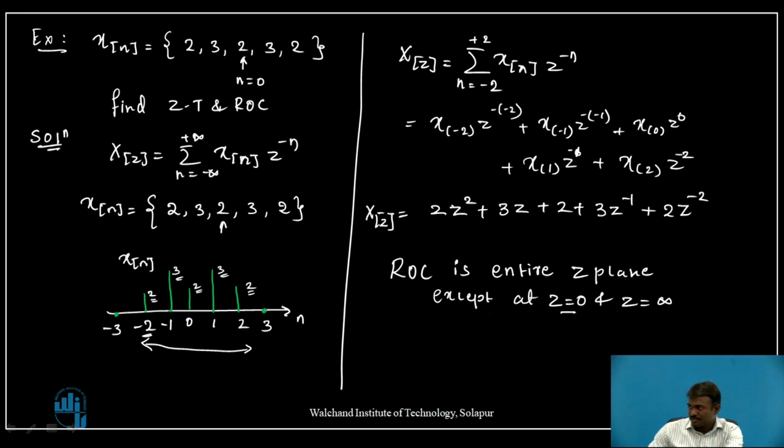Because when I substitute z equal to 0 in this expression, these two terms will be equal to infinity, therefore X(z) will not converge here, hence X(z) does not exist. If I substitute z equal to infinity, then these two terms will be equal to infinity, again X(z) will not converge, hence X(z) does not exist for z equal to infinity here.